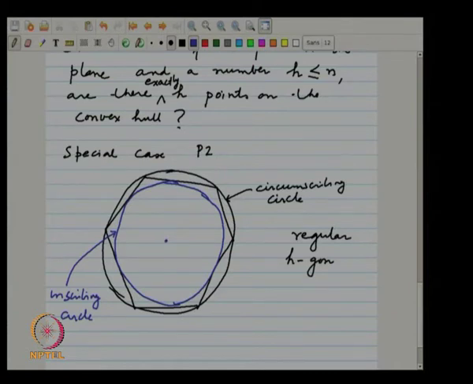Okay, so what I have is a regular H-gon, which means that all these internal angles are the same and all these edges are of the same length. And I am not going into arguments where you can draw a regular H-gon for any H. Okay. So, I consider the circumscribing circle and I consider the inscribing circle. Okay. So, I did not draw it very well. There is a touching point basically everywhere. Sorry, it is exactly one touching point.